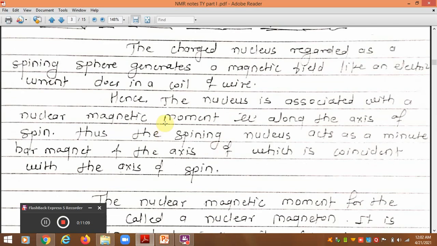Hence the nucleus is associated with a nuclear magnetic moment, as this spinning nucleus generates a magnetic field, and the strength of this magnetic field is indicated by mu. The nucleus is associated with the nuclear magnetic moment mu along the axis of spin; the spinning nucleus acts as a small bar magnet, whose axis is coincident with the axis of spin.